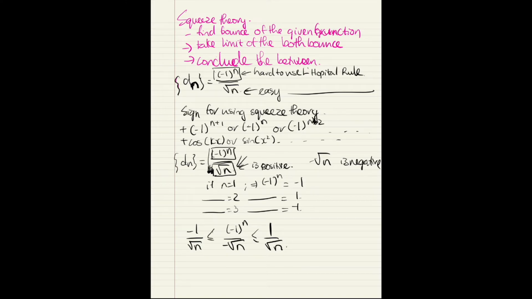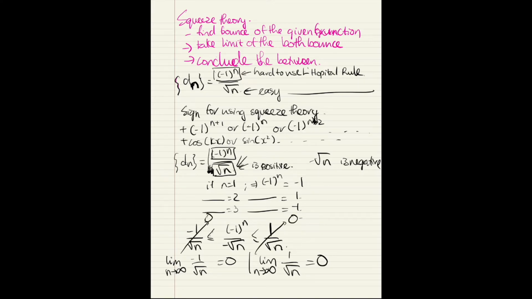Okay, so the next step is to take the limit of both bounds. What I mean so far is the limit as n goes to infinity of -1 over the square root of n, which is 0. Like I said before, the limit as n goes to infinity of 1 over the square root of n is 0. So this one goes to 0, and this one goes to 0.